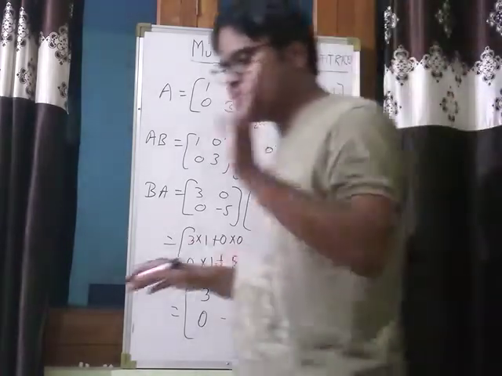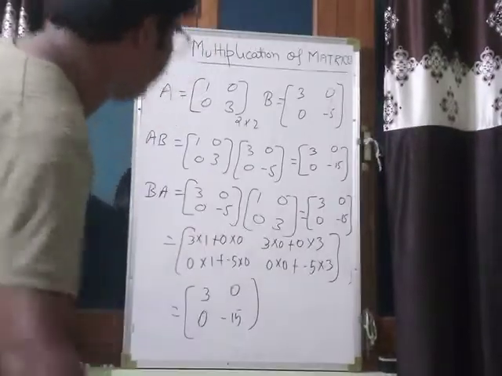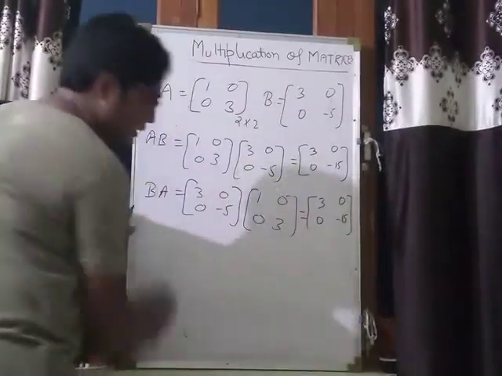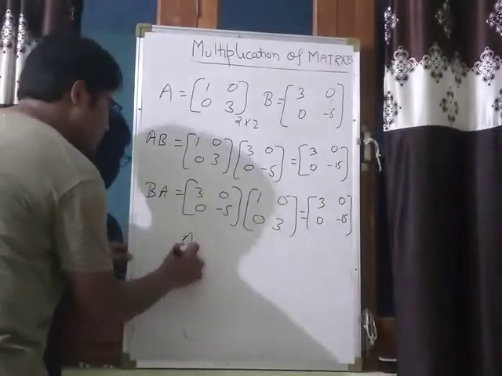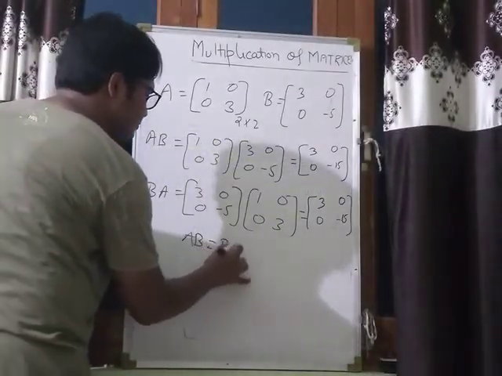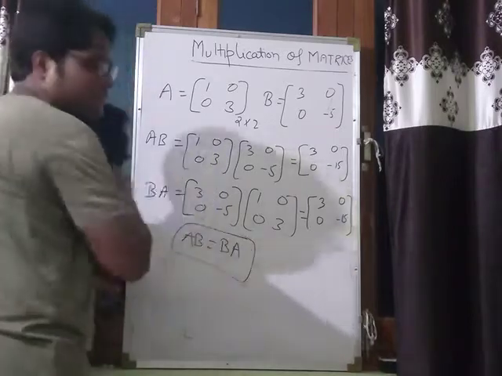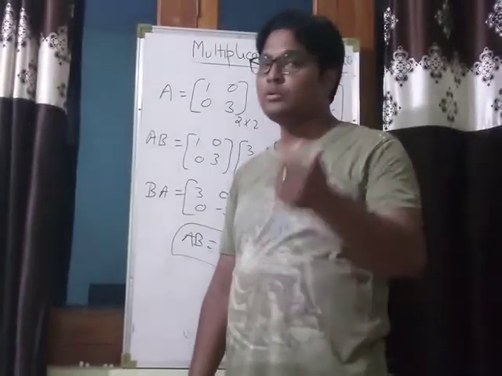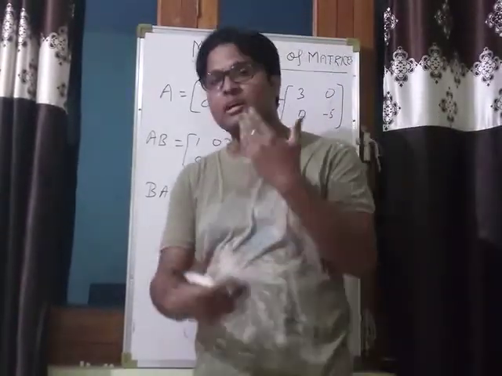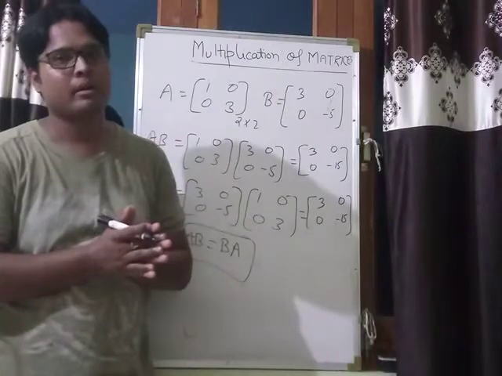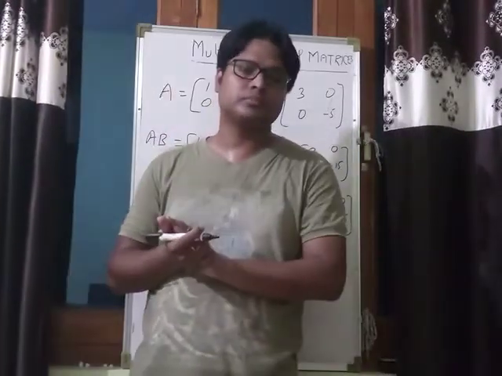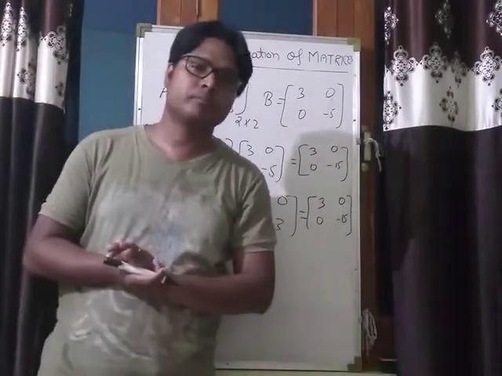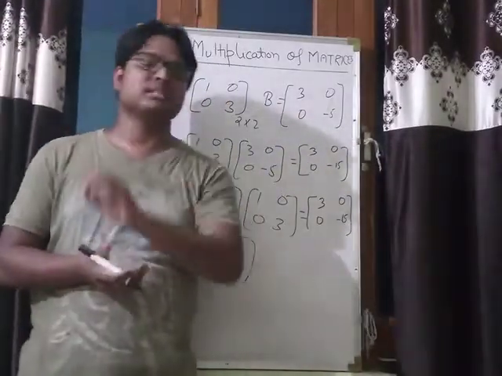So, in this case, you can see AB and BA are equal. In this case, AB is equal to BA. Did you notice here, in what condition on A and B the commutative law holds? A and B both are diagonal matrices.